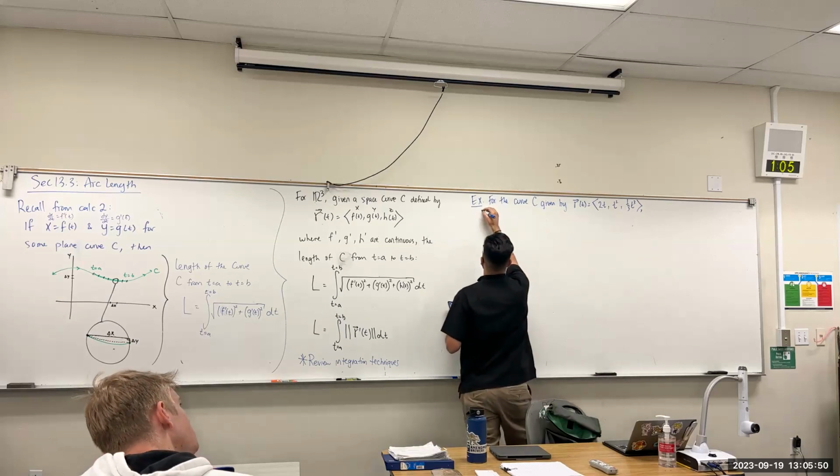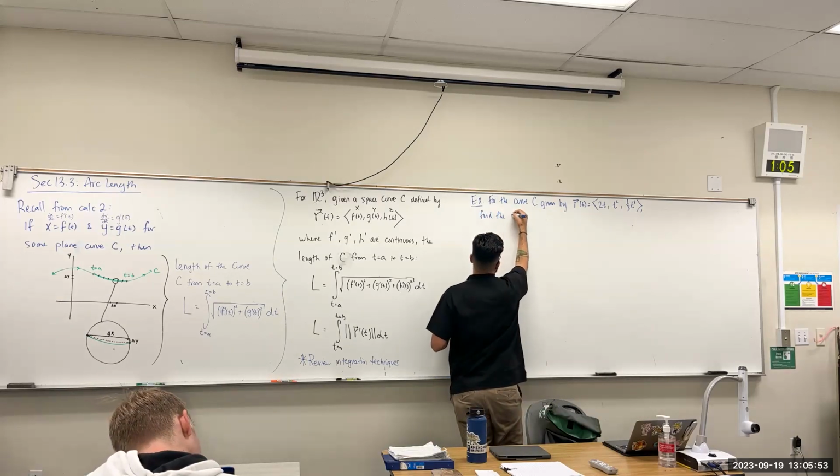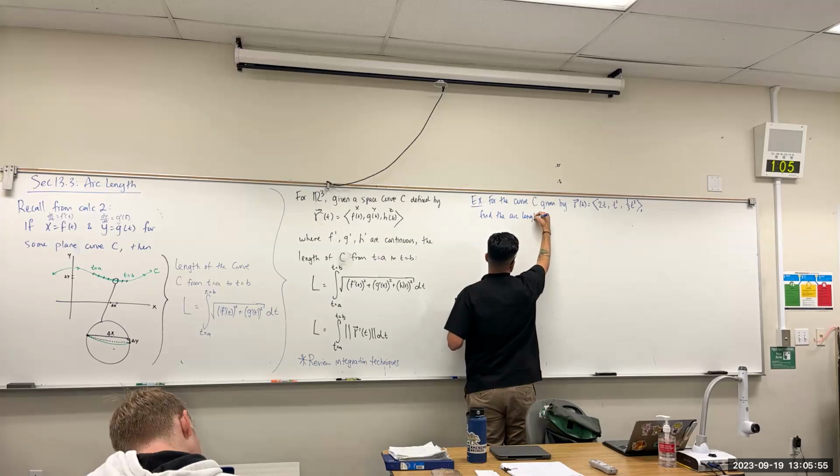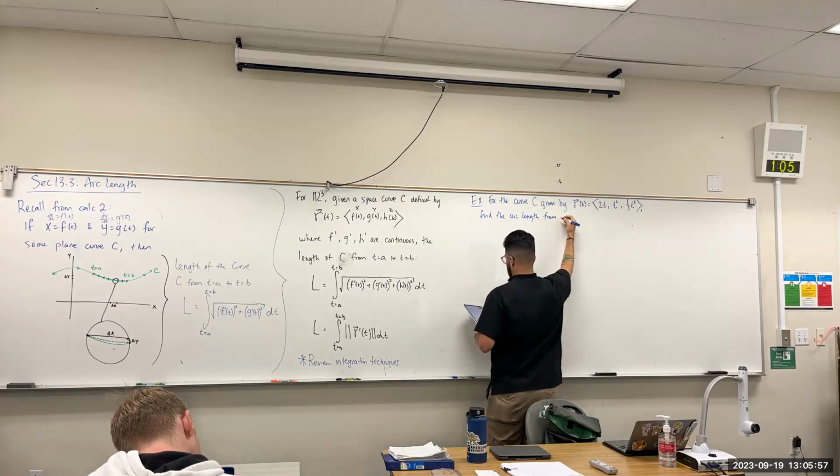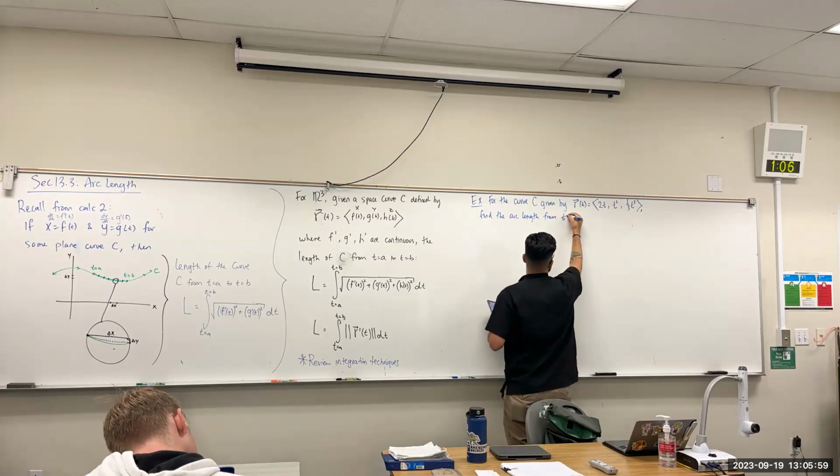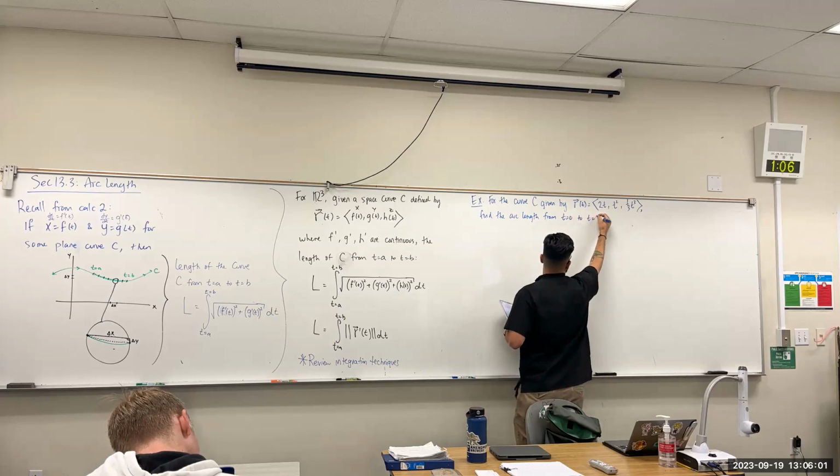Find the arc length from t equals 0 to t equals 1.